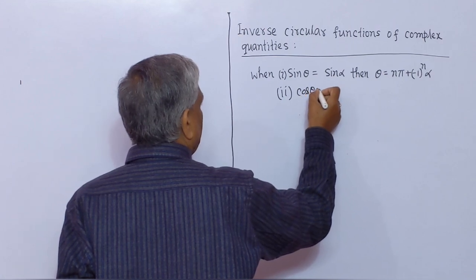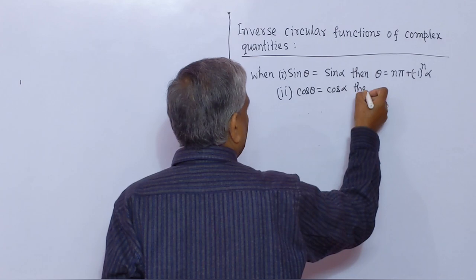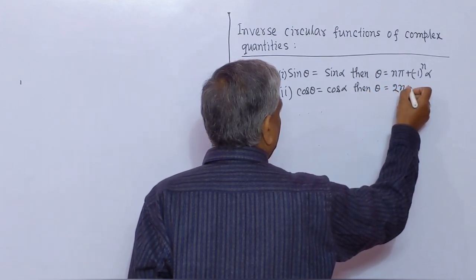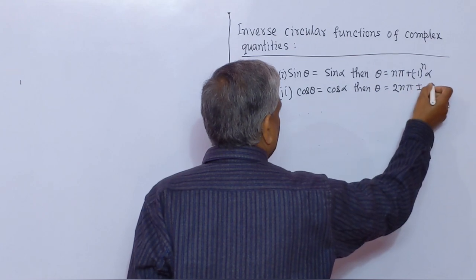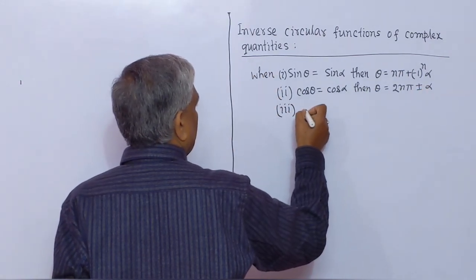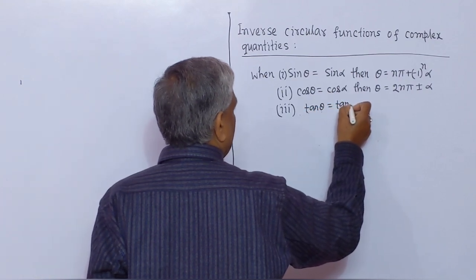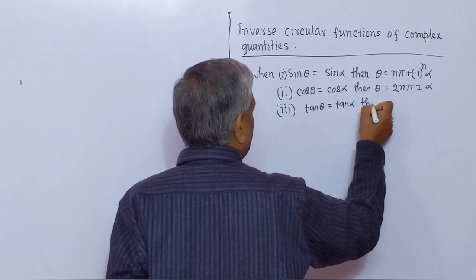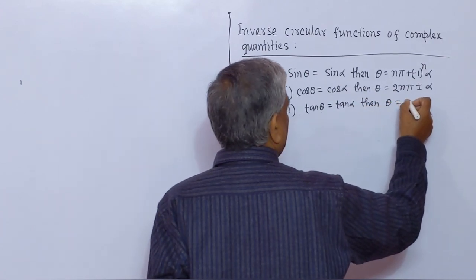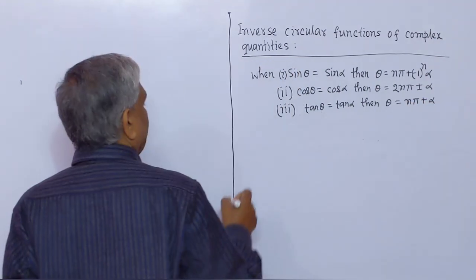Cos theta equals cos alpha, then theta equals 2n pi plus minus alpha. Number 3, tan theta equals tan alpha, then theta equals n pi plus alpha.